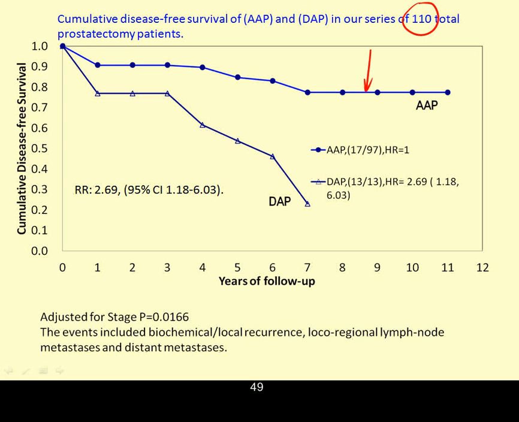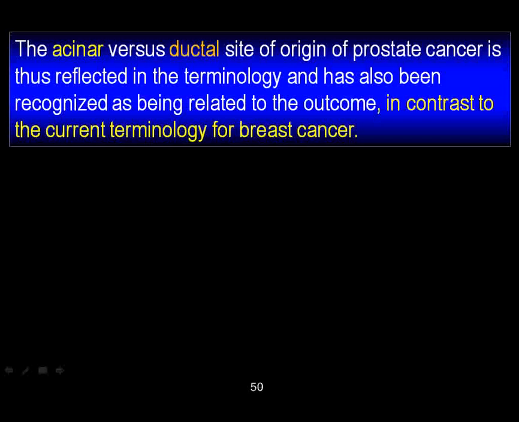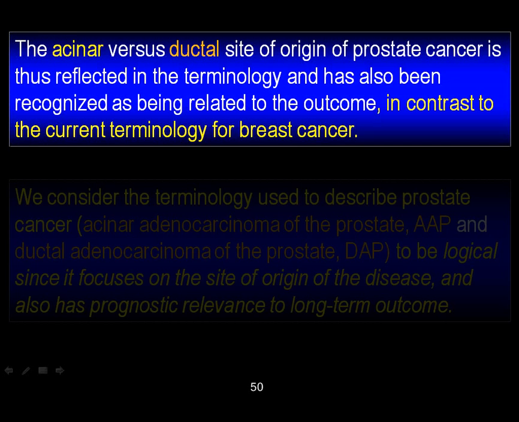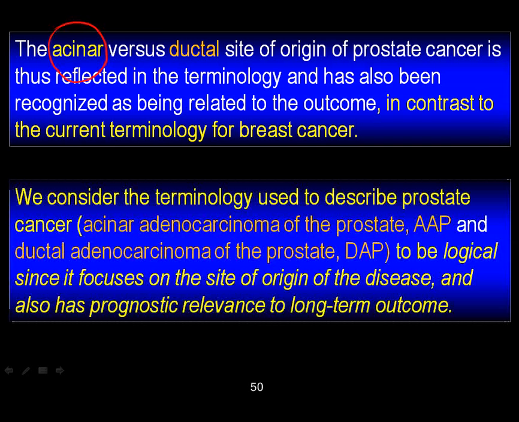Significantly better outcome of patients with AAP compared to DAP. So if the pathologist is using a terminology in the prostate as simply and as efficiently as being able to tell the long-term outcome, why don't we use it in the breast?